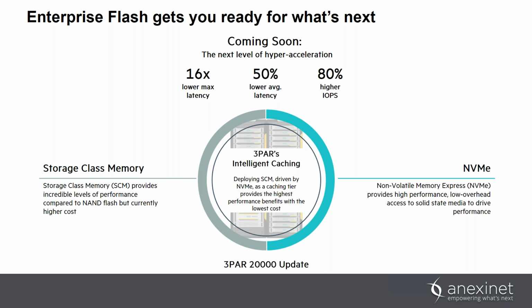You'll first see this as an additional caching tier. So much like Adaptive Flash Cache works right now as a caching mechanism for spinning-based disks, you'll see SCM and NVMe start as a caching tier for SSD, again providing higher level performance than what you can achieve today. So 16 times lower max latency, 50% lower average latency, and 80% higher IOPS.